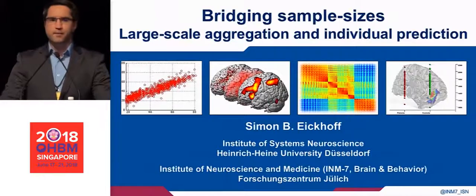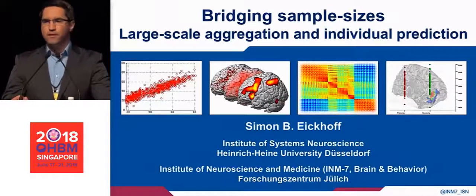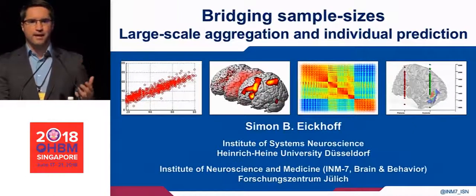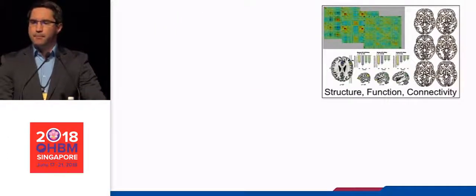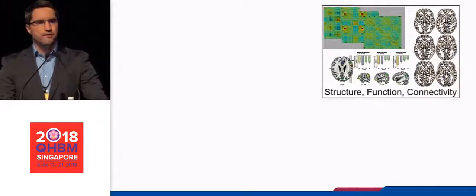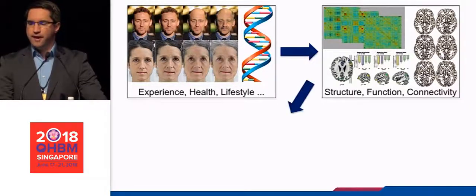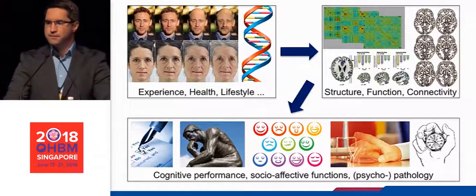Now, what that actually means probably is quite different between all of you, but I hope that we can agree that there's at least two fundamental aspects or themes. One is to elucidate how the immense intersubject variability in structure, function, and connectivity of the brain relates to aspects such as age, gender, genetics, and how it influences, on the other hand, cognitive, socio-affective, or clinical phenotypes.